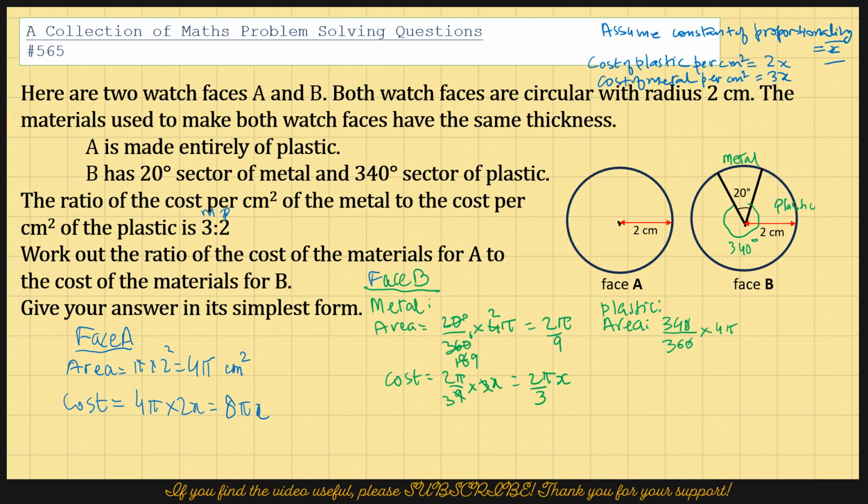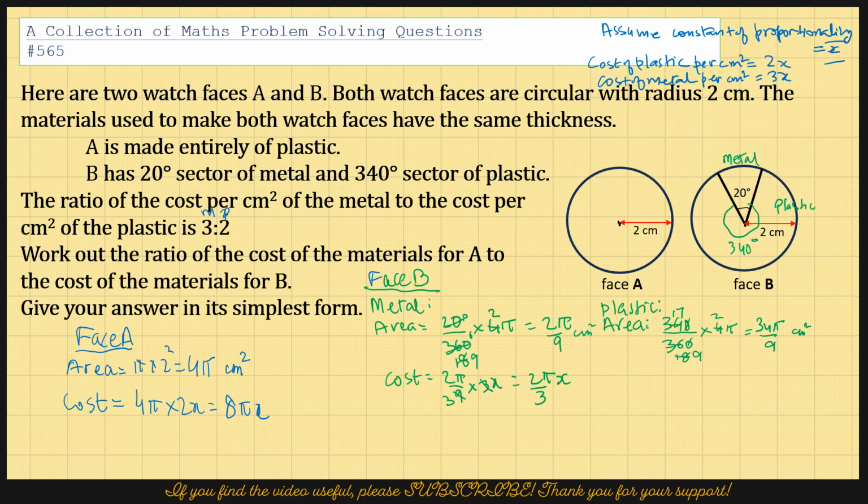That simplifies to 34 pi out of 9, which is the area in centimeter square.